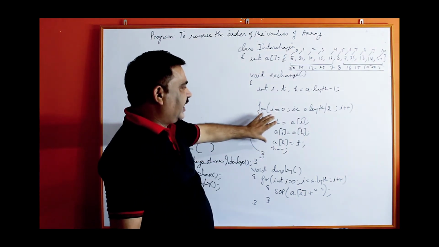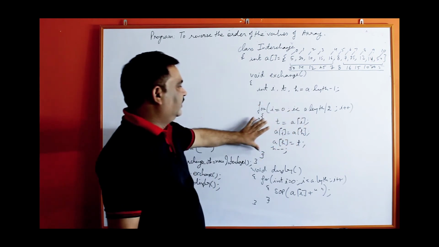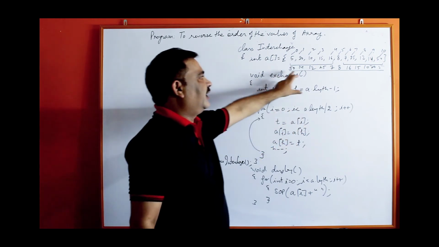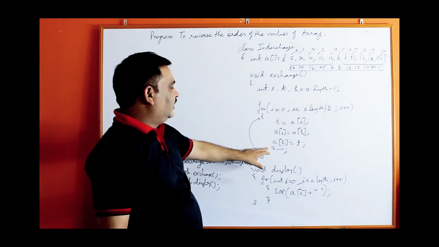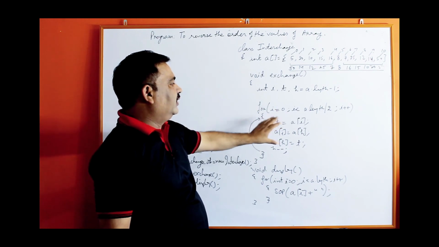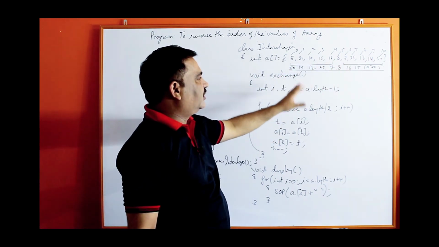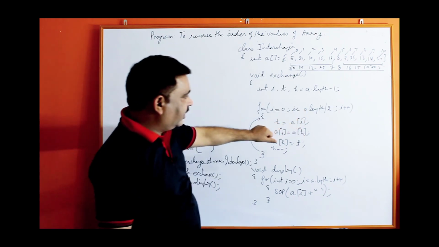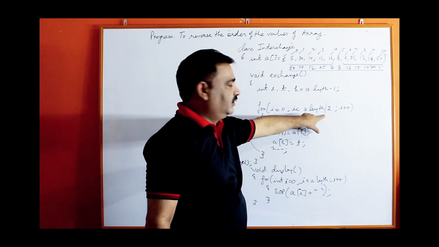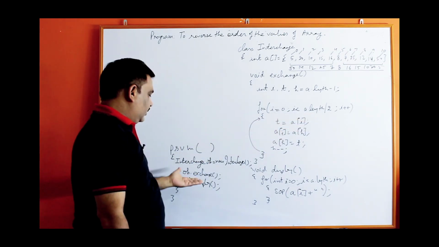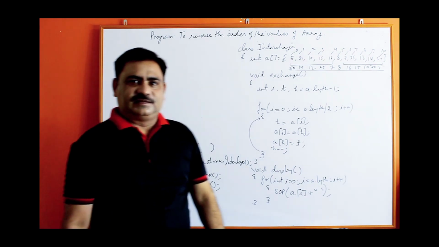So in the first case, i will be 0 and h will be 10, and the a[0] and a[10] values will be exchanged. Then h will become 9, second i will become 1, then the 1 and 9th index values will be exchanged. But be careful, you have to make the loop up to half in this case also. So the class name is the same, you can call it in the same way. That is all.